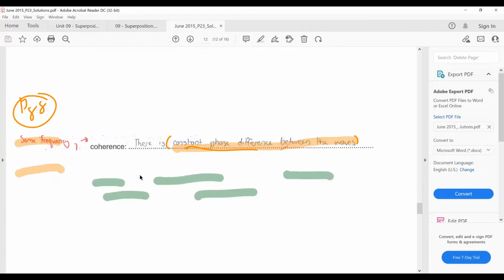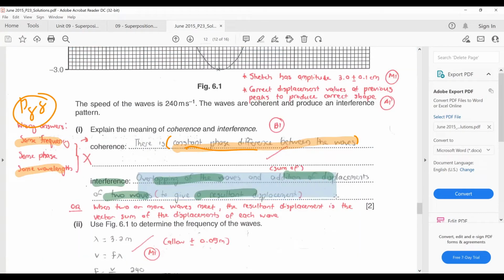What you have here written in pencil is actually another way of talking about the same thing. Waves overlap and adding the displacement of the two waves to give you a resultant displacement. Okay. Or you can just use back the definition from your notes. Where two or more waves meet, the resultant displacement is the sum of displacement of each wave.